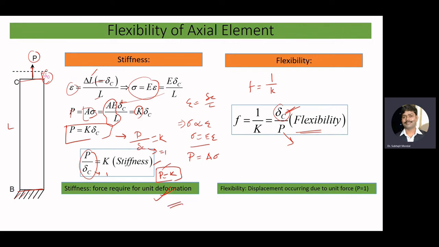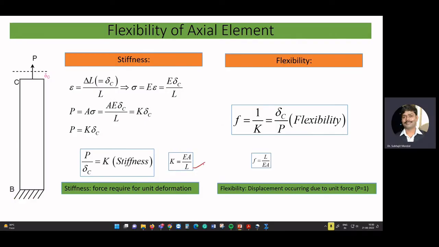So here we have learned that stiffness is the force required for unit displacement, and flexibility is the displacement occurring due to the unit force.